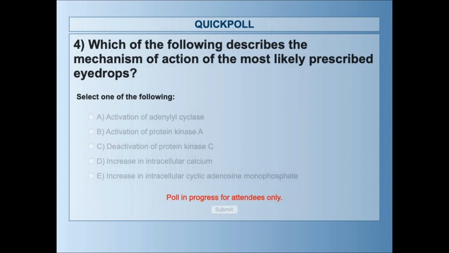It's one of those questions, kind of interesting structure of the question, interesting presentation of the details. What do you think is that mechanism of action? Let's see, almost half of you have voted, so go ahead and take your shot.